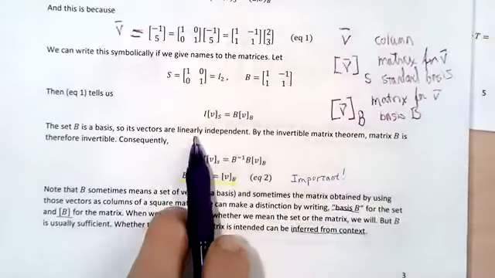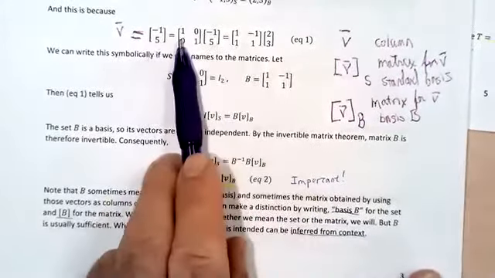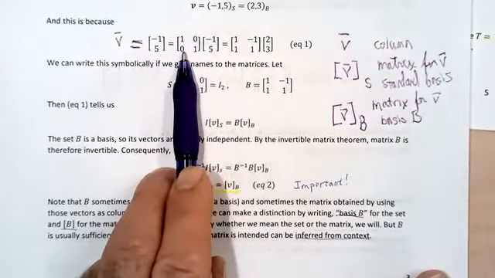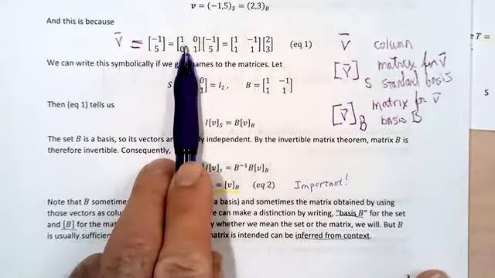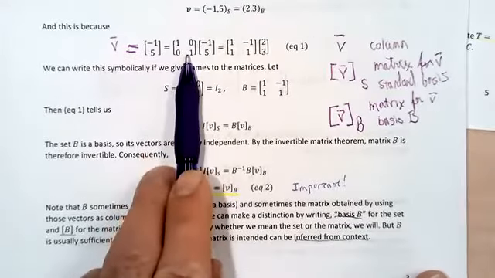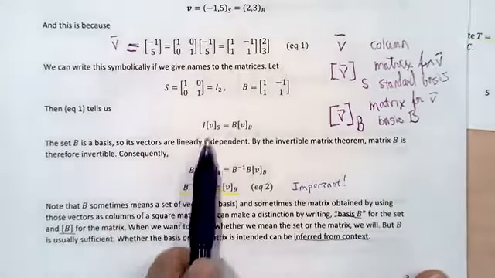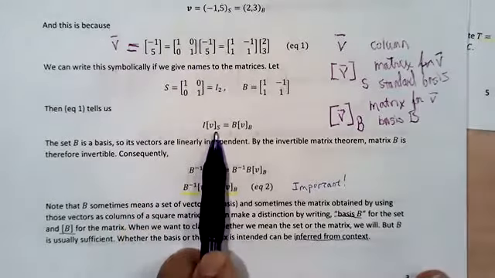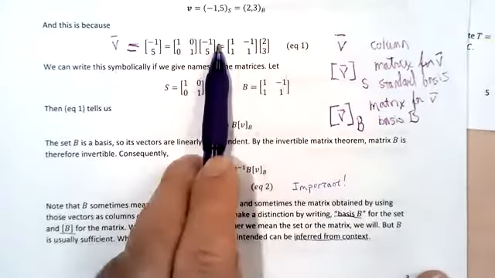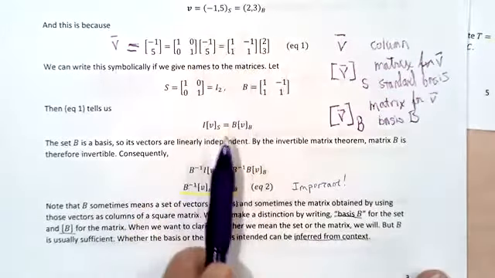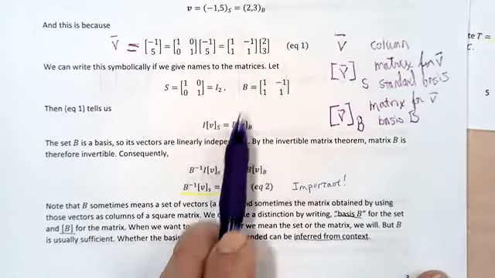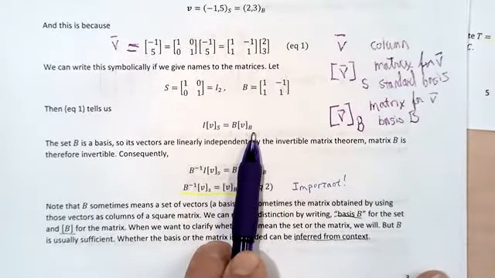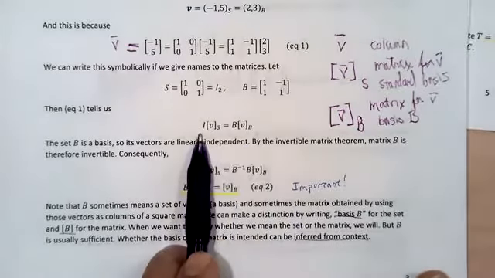Now, here's the equation, this thing right up here. It says that V is equal to the standard basis matrix, that's just I, times the coordinates of V relative to the standard basis, which is equal to the matrix corresponding to basis B times the coordinate vector relative to B. Now, this is really useful.